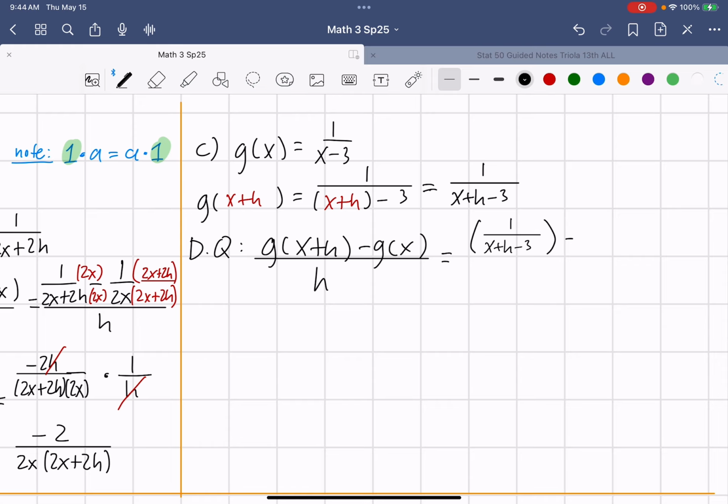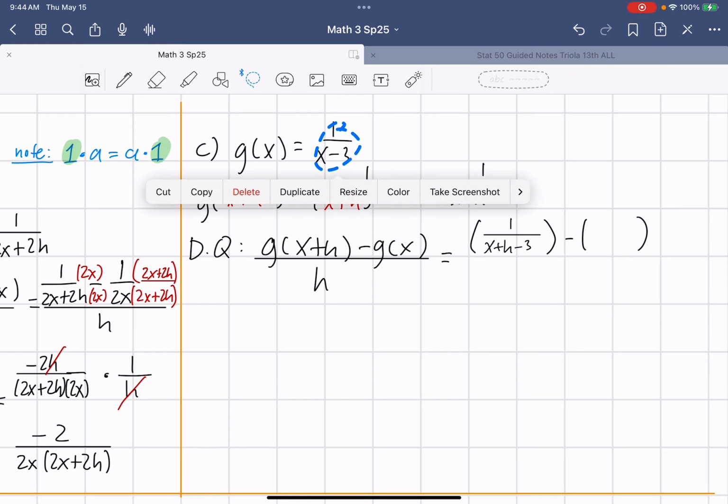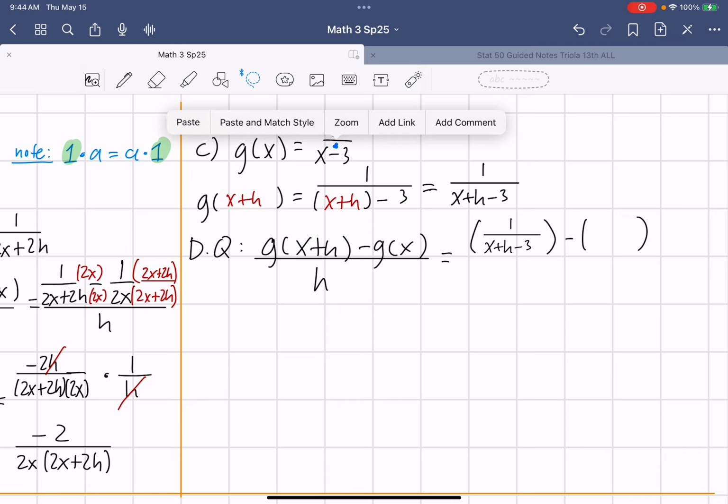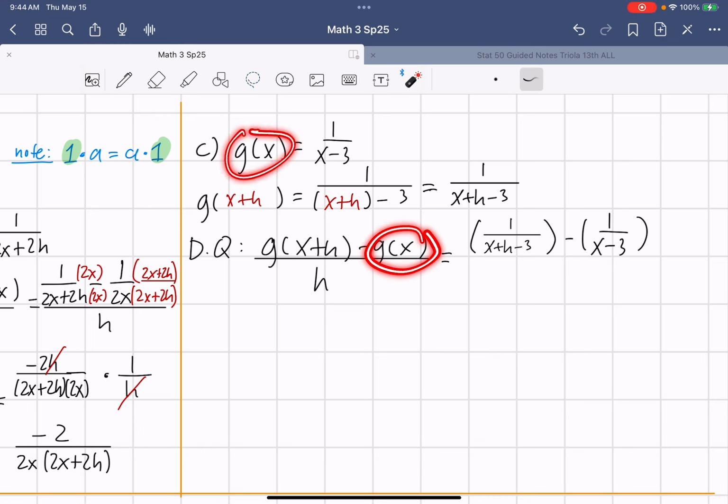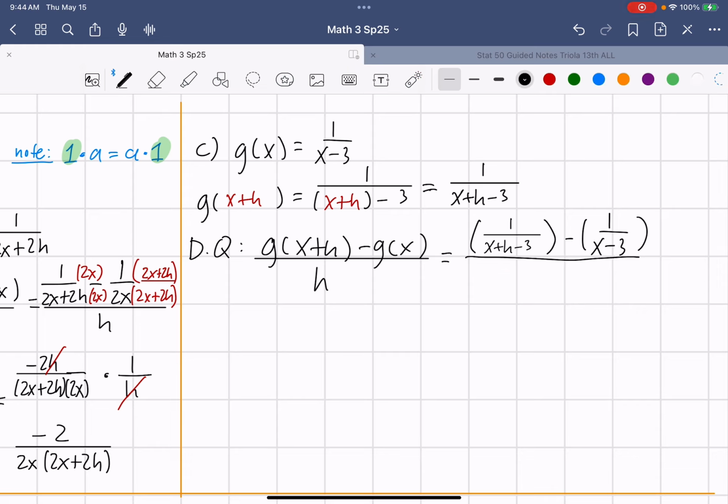Minus, and then my g of x, I'm just going to copy it. So you can see I'm literally just taking g of x and substituting it. Because g of x is here, this is g of x, so is this. This is x plus h, this is x plus h, that's what it simplifies to. And this is all over h.